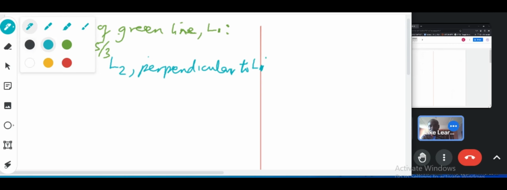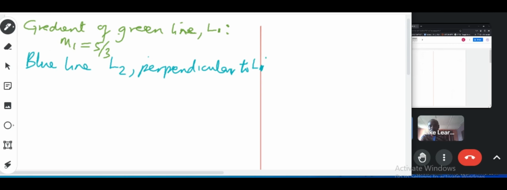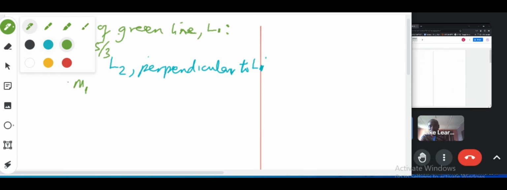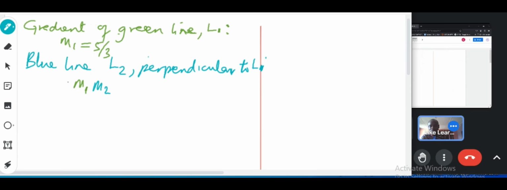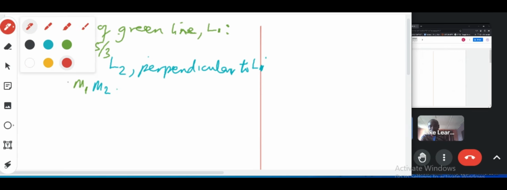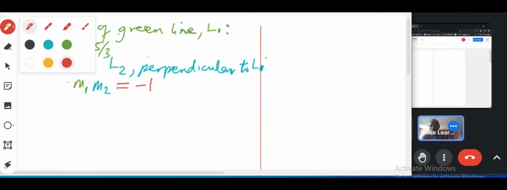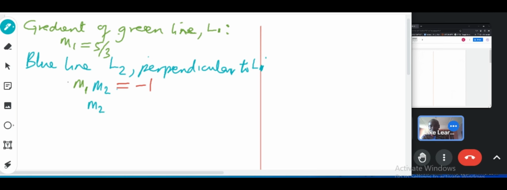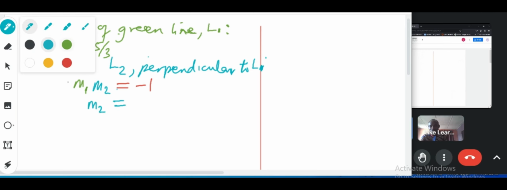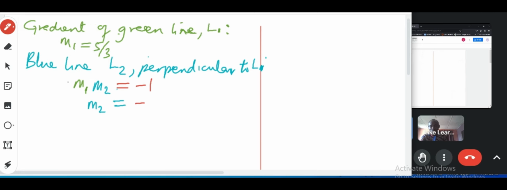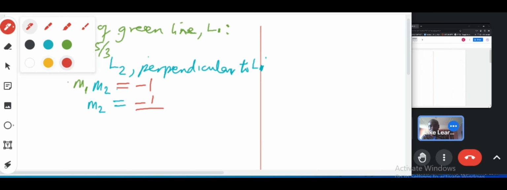We know that M1 times M2 is equal to minus 1. So we can use that to get M2. So M2 will be what? Minus 1 over M1, which is simply minus 1 over 5 over 3.